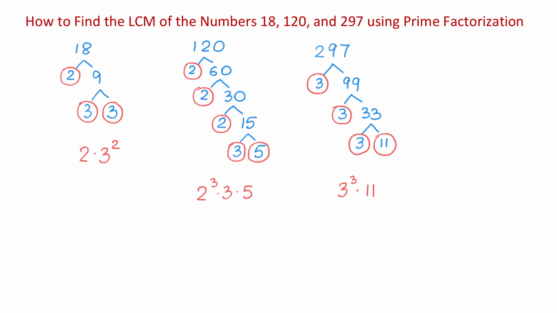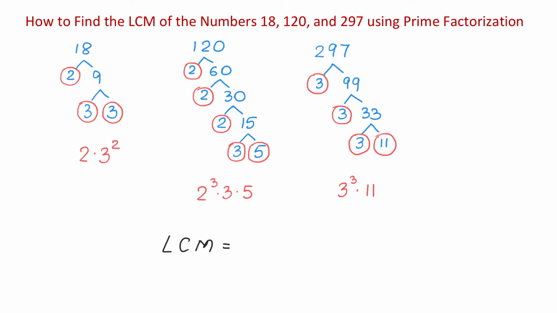Once we have the prime factorization for all three numbers, we will form the least common multiple. This is going to be a product of all the factors that we see in any of these factorizations. And the factors we see here are 2, 3, 5, and 11.